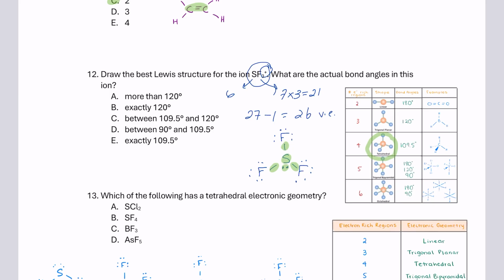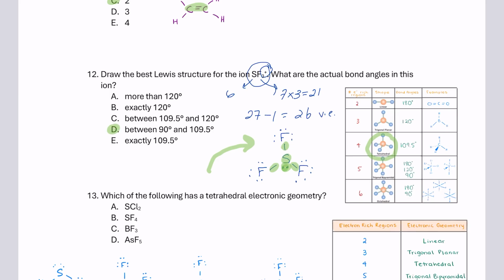However, this ion has a lone pair with 3 bonds. This doesn't fit the criteria for nonpolarity that we've discussed in our previous lectures. This means that the actual bond angles here are going to be slightly less than 109.5 degrees. That makes the correct answer choice D.